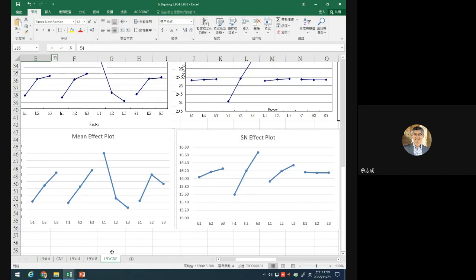Now, the only problem here is the classification of the control factors. You might see L is more like type 1 because it has some influence on SN and also some influence on mean. Well, but you need to select one scaling factor.